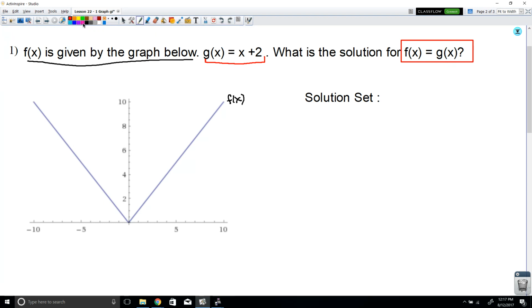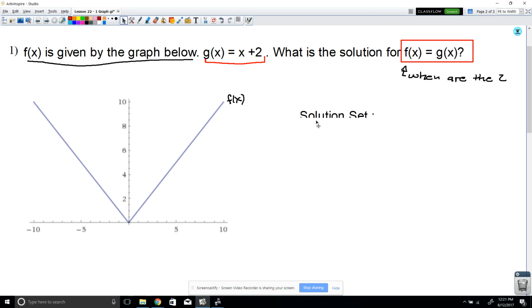Now, let's actually pause and try to understand what this means here. What this means is, when are the two equations equal to each other?